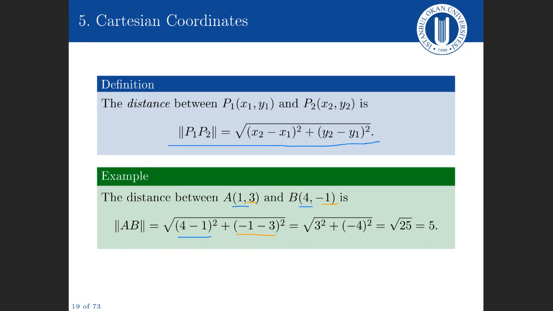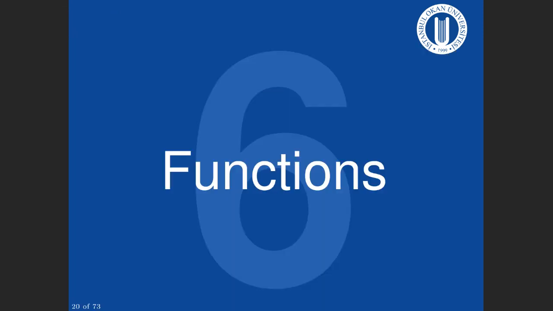We're doing the square root of 3 squared plus minus 4 squared, which is the square root of 25, or 5. And that's all to say about Cartesian coordinates for now. Later, when we start thinking in 3 dimensions, we'll come back to Cartesian coordinates.